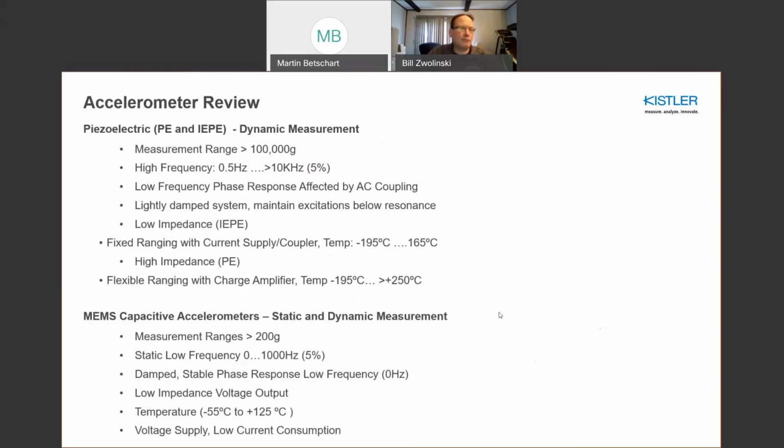There are also various reasons why you choose one over the other. But fundamentally, what I look at in technology is really, what is the frequency? Do you really need low frequency? If you do, the MEMS capacitive is one of the ones people choose. If you need high dynamic frequencies, then the piezoelectric is often selected.